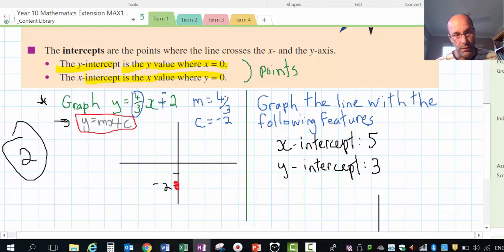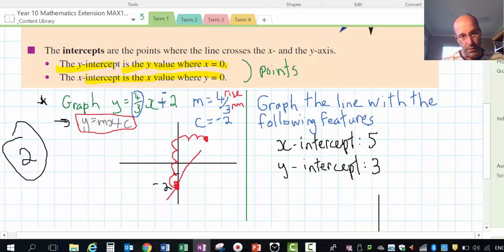We use the gradient. The gradient is rise over run. So we simply rise 4 and run 3 for each point. So 1, 2, 3, 4, and then 1, 2, 3, which will get us the next point.